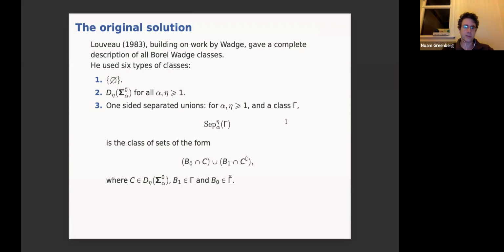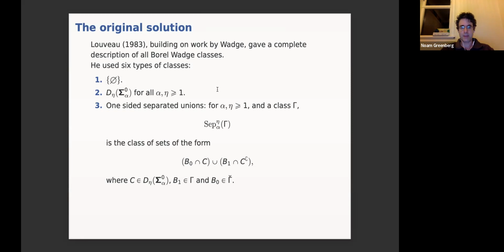So I will refer to this as Louveau's solution because his paper is the first complete treatment. And he basically gave an inductive definition. He said, let's start with a bunch of classes, and then I will tell you how to generate more classes from them. The classes that he starts from are the class which is the empty set, and the classes D eta sigma alpha, those classes in the Hausdorff difference hierarchy.